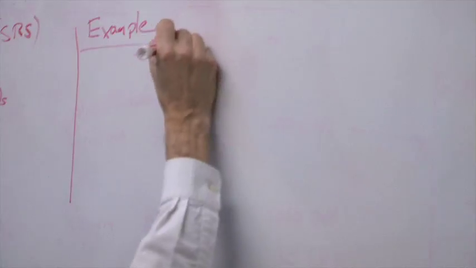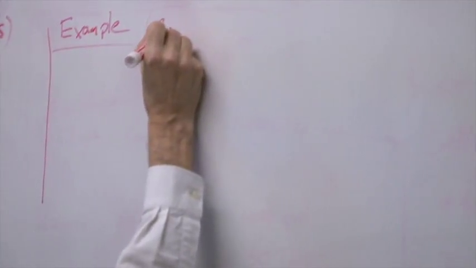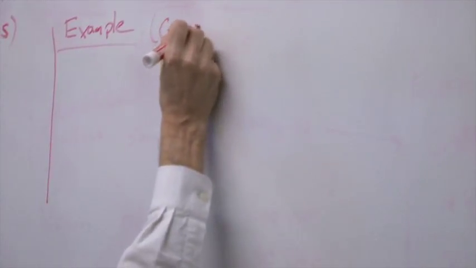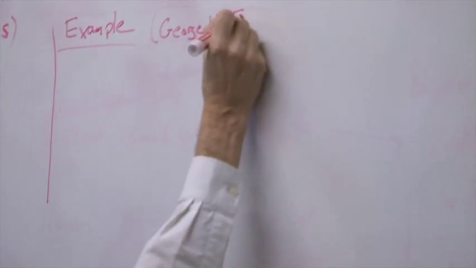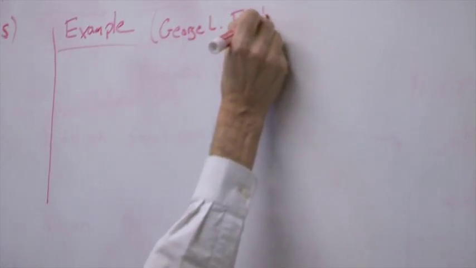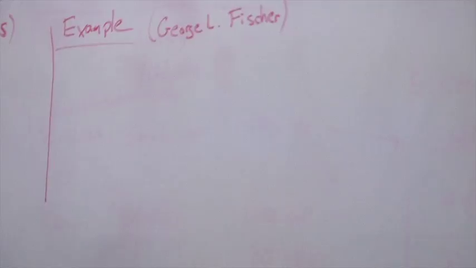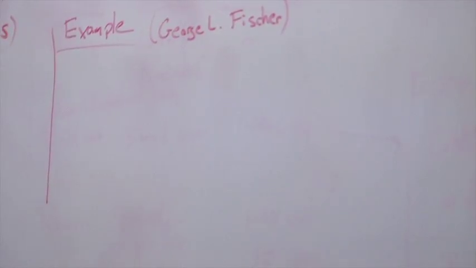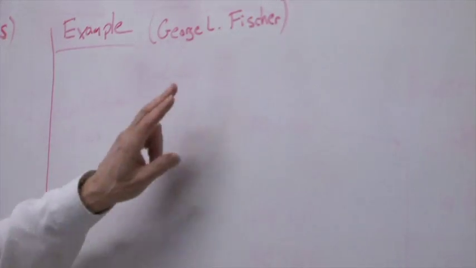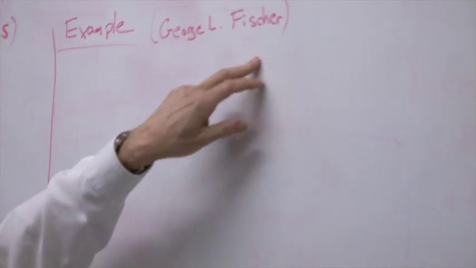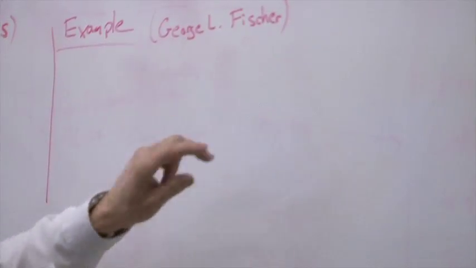Let me give you an example from my own research, going back a few years. The L is for Ludwig. And he's very proud that he spells Fisher in the German way.